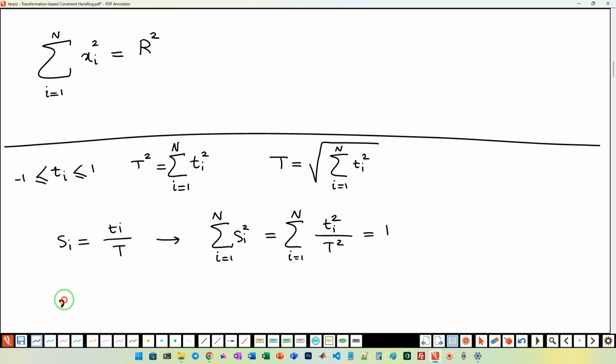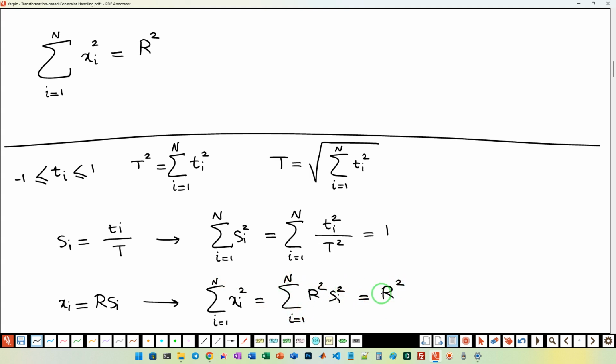And if we define xi in this way, r times si, then what we can say about this? It is r squared times summation of si squared, i from 1 to n, and we can show that it is r squared, and we're there. We found n real numbers, and the summation of their squares is exactly r squared.